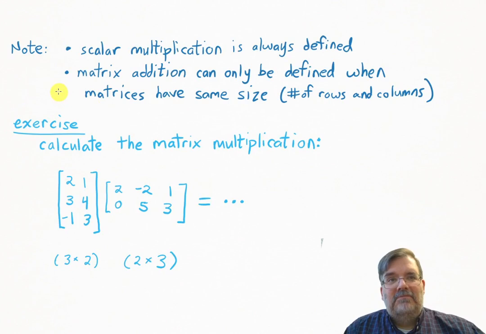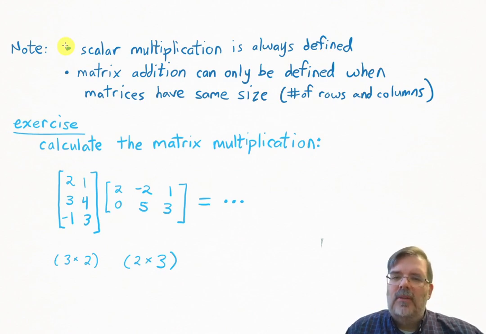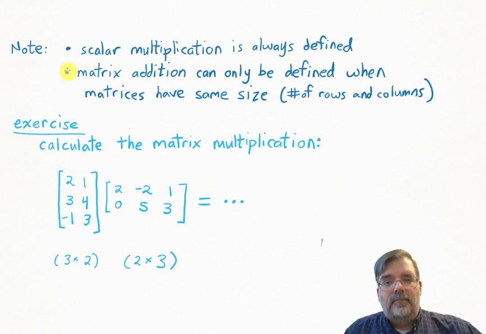Just as some ending notes, and hopefully this material is not too different from what we've been doing before. We didn't really talk about scalar multiplication on arbitrary sized matrices, but scalar multiplication will always be defined. You can always multiply all the entries in a matrix by a single constant. So we can always do that.